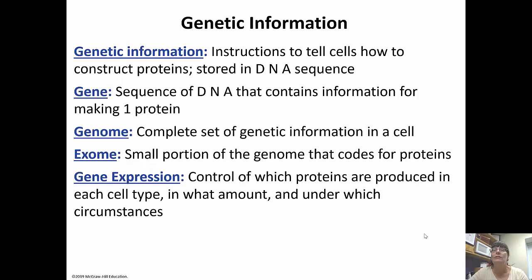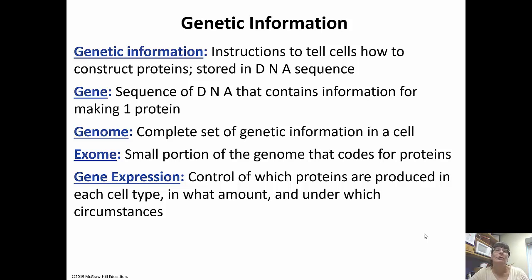Genetic information is just instructions that tell us how to make proteins, and it's stored in the DNA sequence. A gene is a sequence of DNA that contains the information for one protein. And the genome is the complete set of the genetic information in a cell. An exome is a small portion of the genome that codes for proteins.